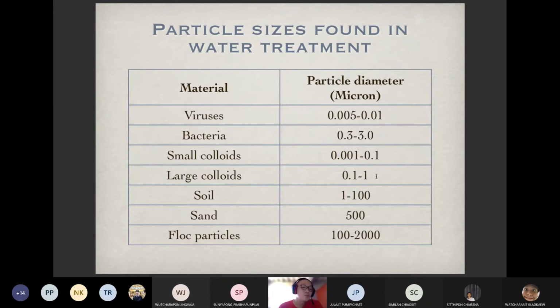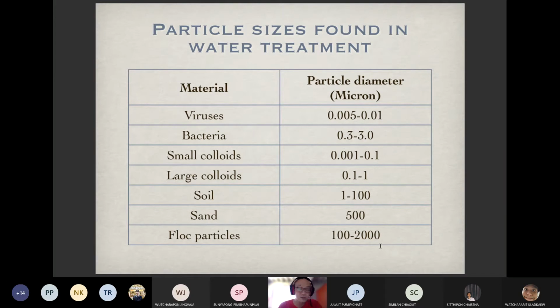But once we destabilize the colloidal particles, they can get attached to each other, become heavier, and these groups of the colloidal particles we normally call floc, and the floc particles usually the size could be around 100 to 2000 micron.